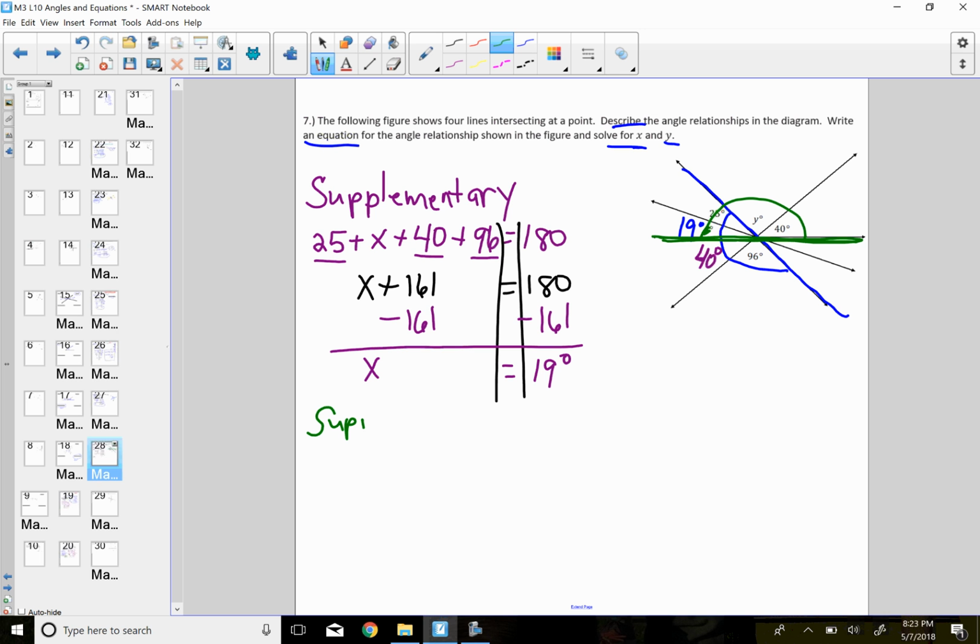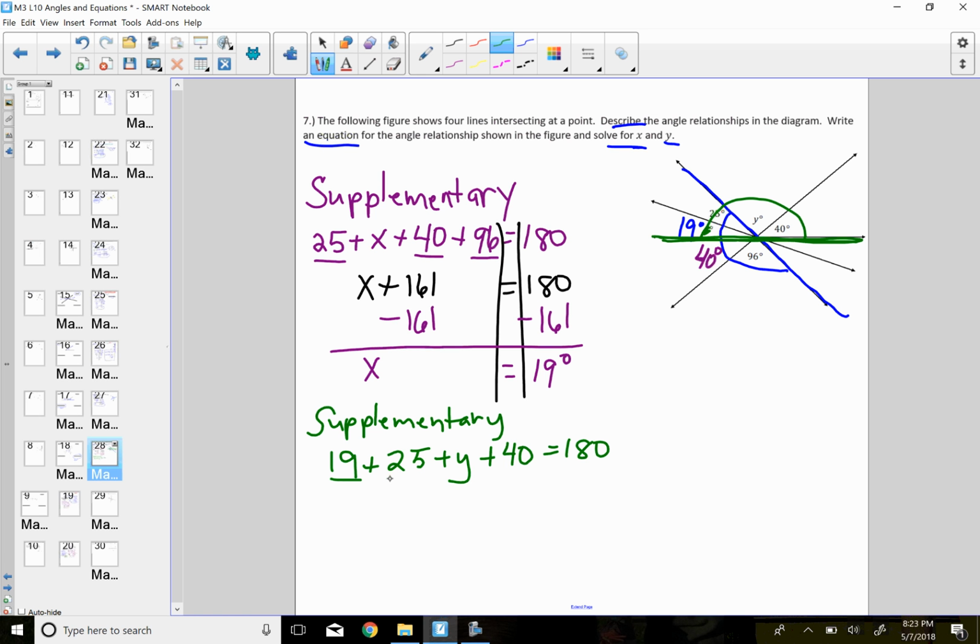So once again, I have supplementary angles made up of 19, which was x, but now we know what it is, plus the 25, plus y, plus 40 equals 180 degrees. As I'm writing that, I'm noticing something, but we can check that at the end.